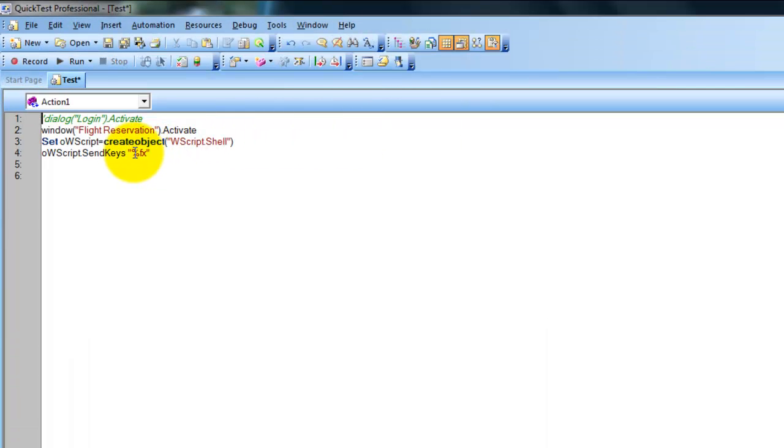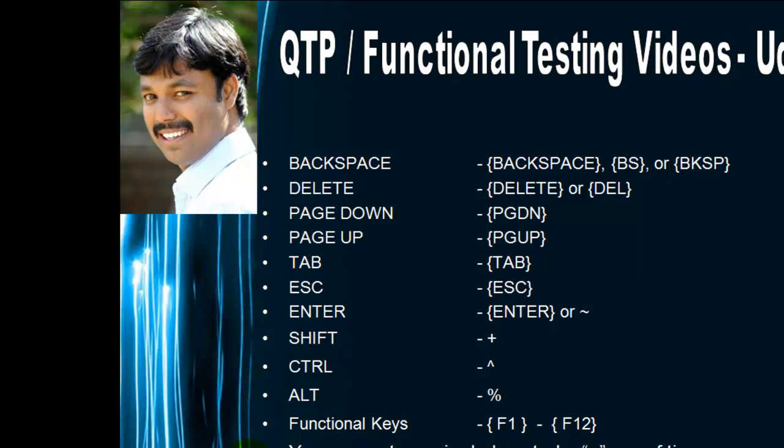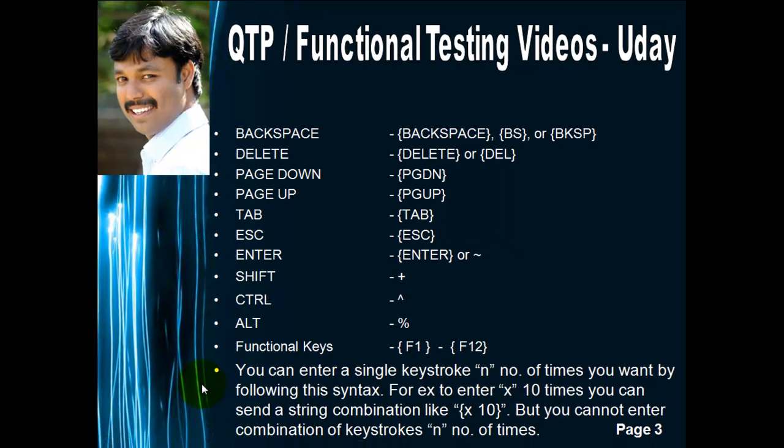As you can see, by inputting this keystroke combination, it has closed the application. That is how we use the SendKeys method to simulate the keystroke of any of these functional characters, right?